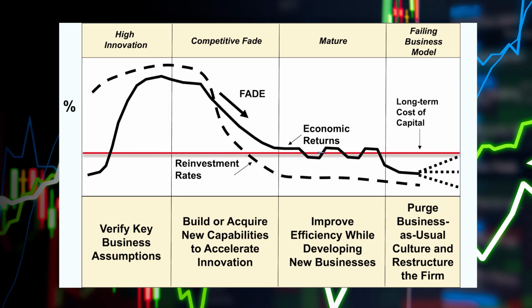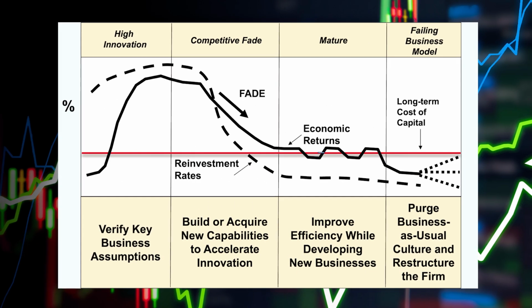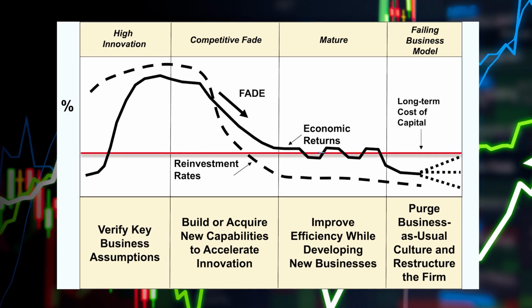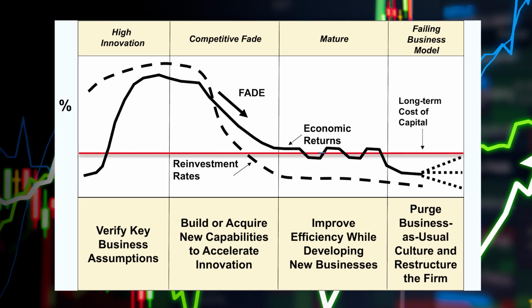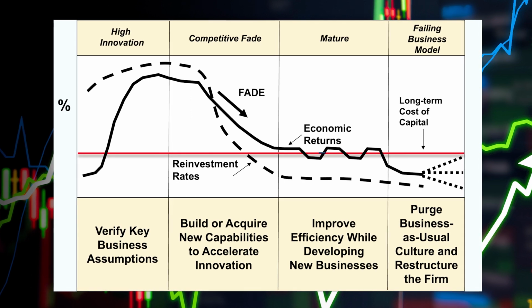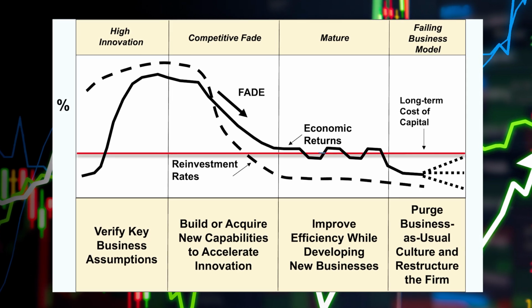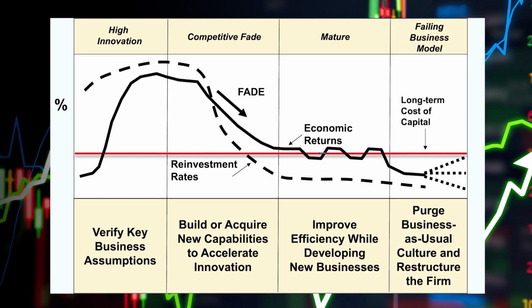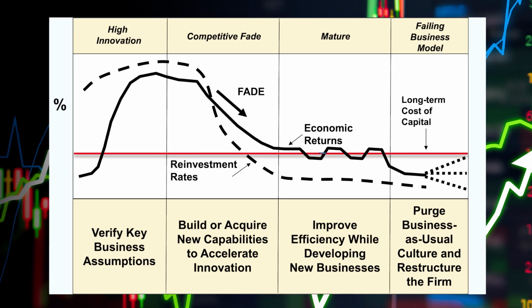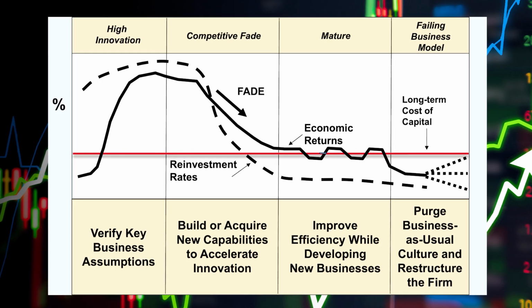A firm's or a business unit's life cycle track record offers guideposts to advance long-term value creation. We have previously discussed key value creation issues depending upon where the firm is on its life cycle. These are shown at the bottom of this slide.